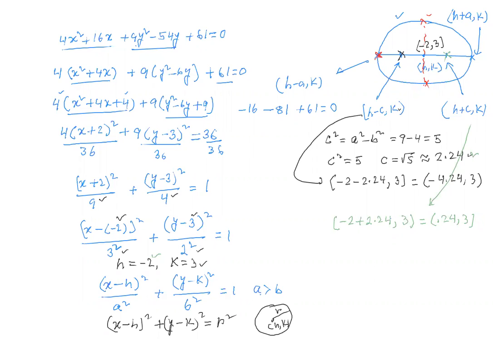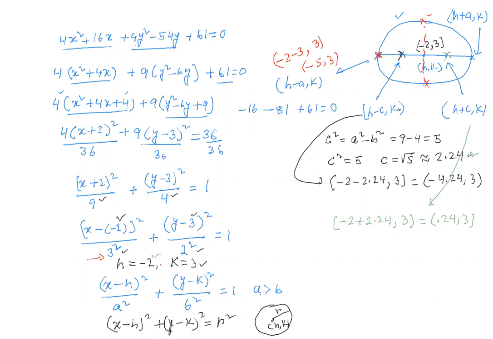So for this one, h minus a, comma k. My h, we found it, -2, minus a. A is a square root, remember, a squared is the denominator, 3. So -2 minus 3, comma k is 3. You just plug in these values. That's it. So it's going to be -5, comma 3.